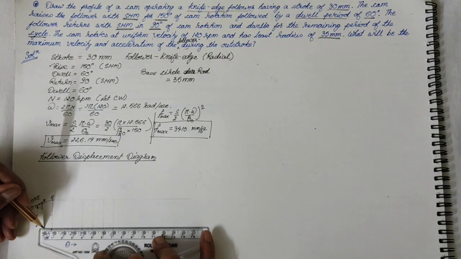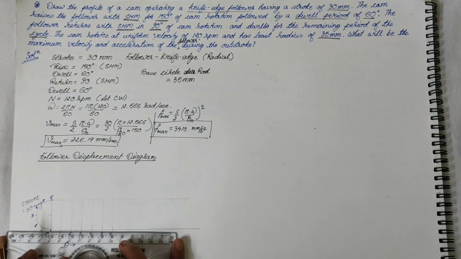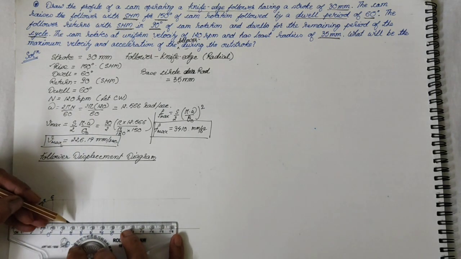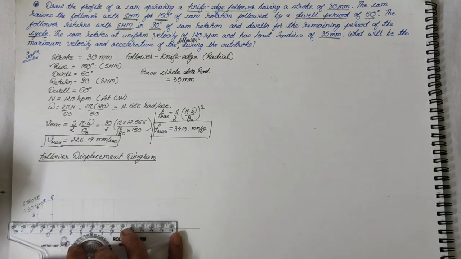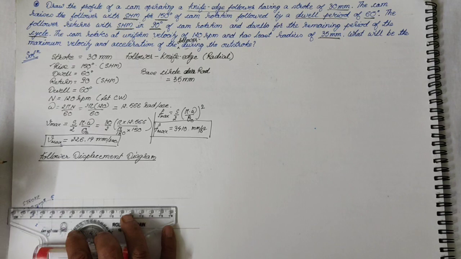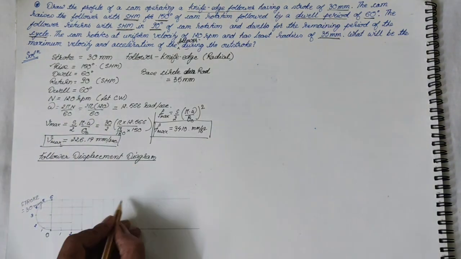Now from 1, so this is 1, then from 2 we mark 2, 3, 4, 5 and 6.